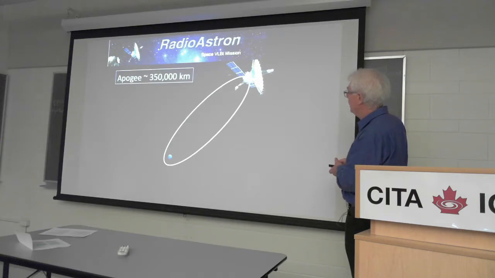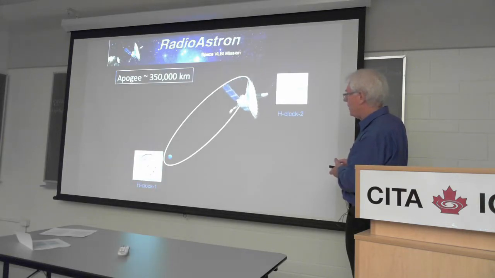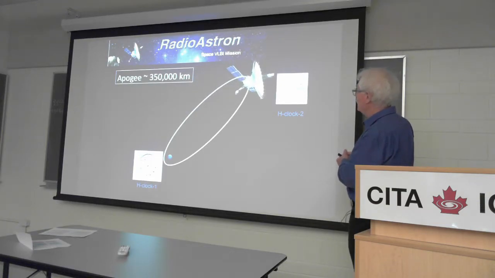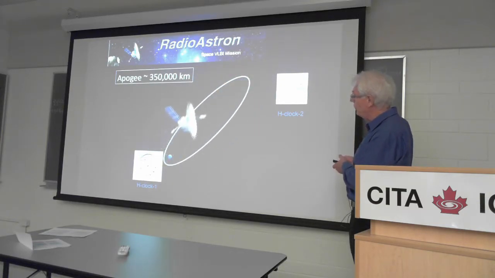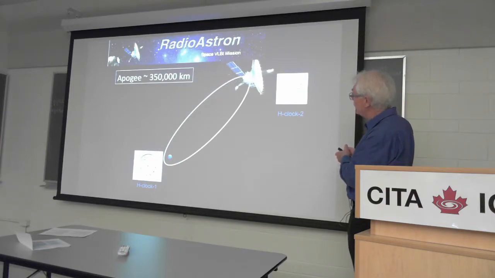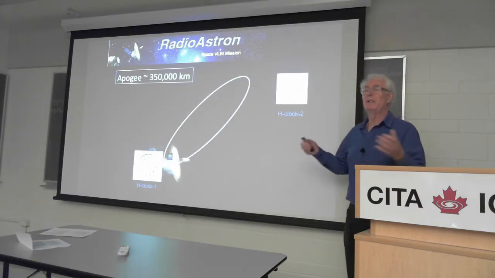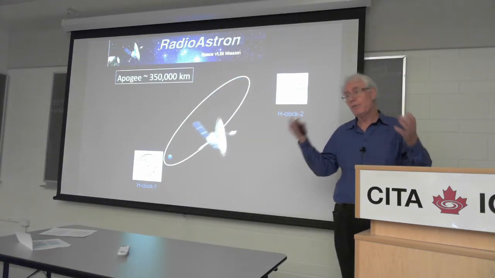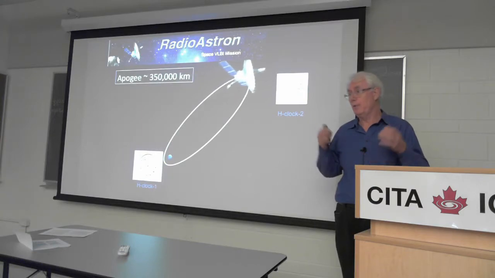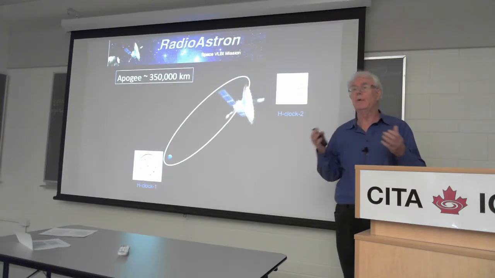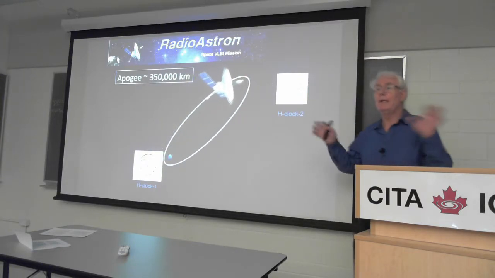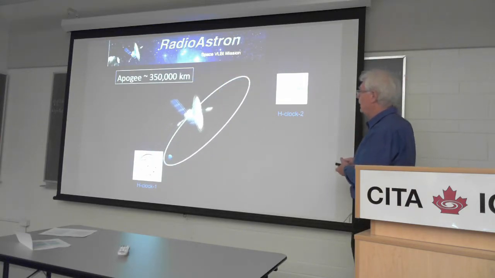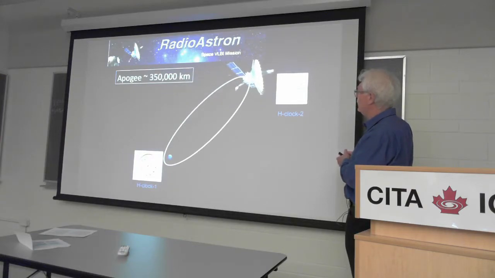By the way, I just want to make a little advertisement for our other experiment, namely a gravitational redshift experiment. Very interestingly, the Russians conceived early on to put a hydrogen maser on this spacecraft. Not really necessary for 327 megahertz VLBI observations, but interesting for 1.3 centimeter or 23 gigahertz VLBI observations. Anyway, the first hydrogen maser in space, and so clearly one could do a gravitational redshift experiment.